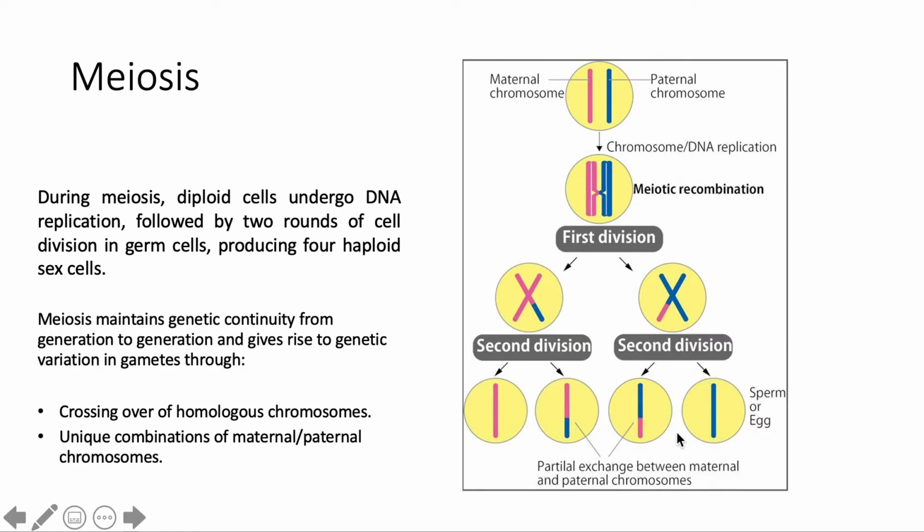You can see here that two of those cells have a unique combination, and that is why meiosis is important in sexual reproduction: it produces genetic variation when it produces the gametes.